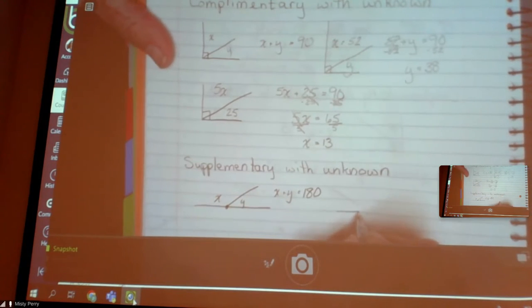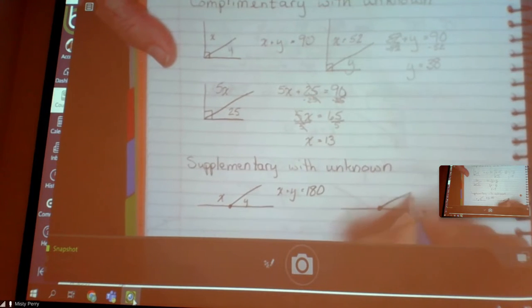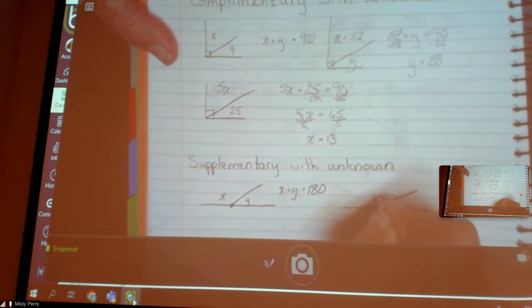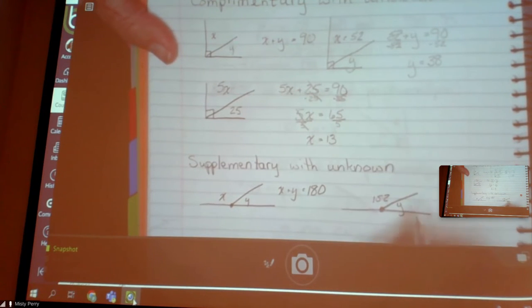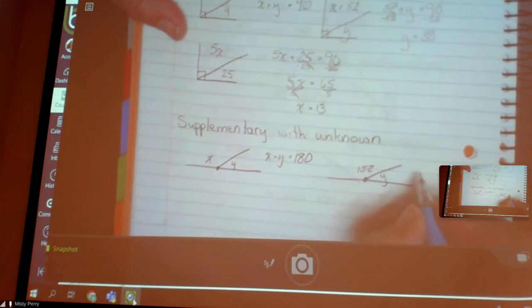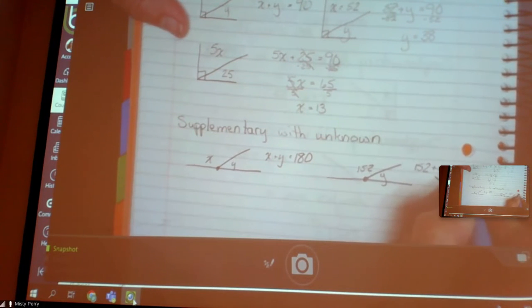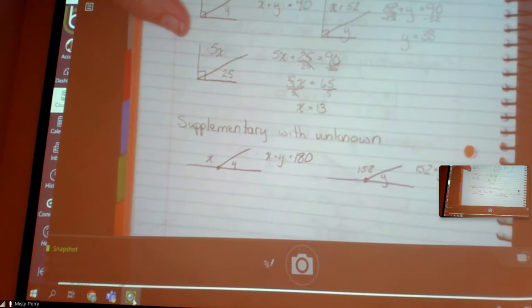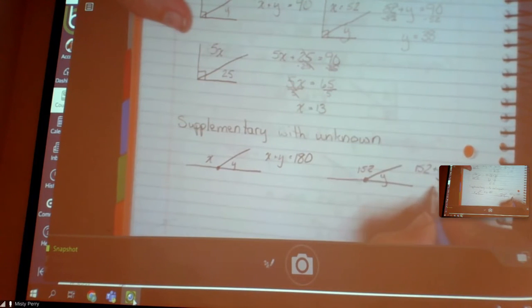So if I make my x 152 and I want to know how much y is, same thing we did up here, except it's going to equal 180. 152 plus y equals 180. I'm going to subtract on both sides. So y equals 180 minus 152, which is 28.